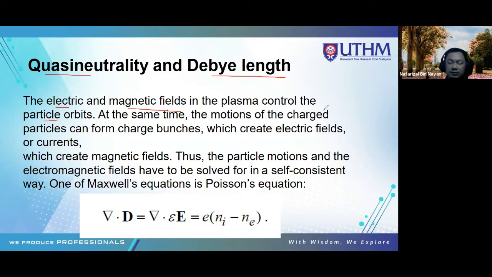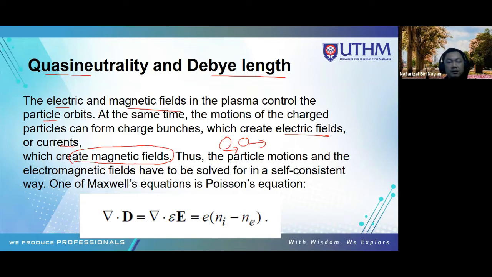As mentioned, we have a lot of particles moving around, so when they move, we create an electric field and also a current. And then we create a magnetic field. That's the particle motion part.